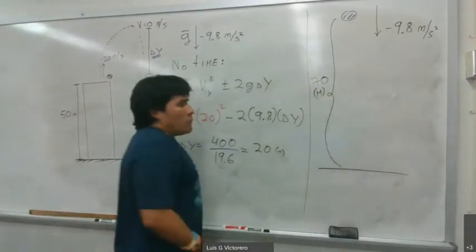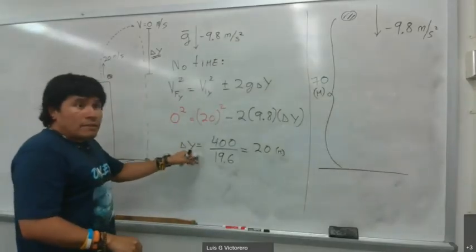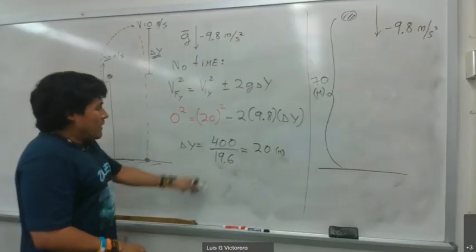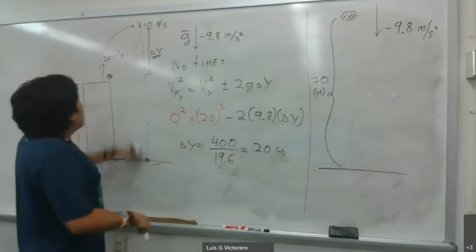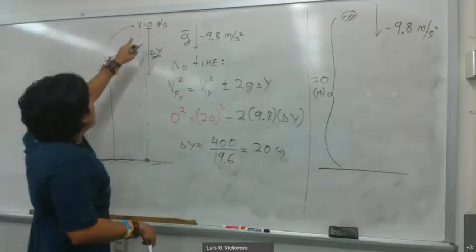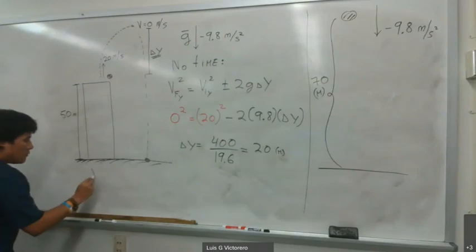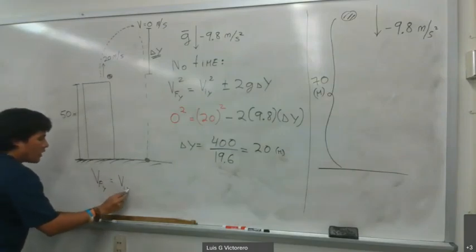Okay. Before we go into the downward motion, that's good. We need to find the time it takes to go up, because I found the height. We needed that. The time to go up, we have initial, final, acceleration. Well, V final on y is equal to V initial on y.